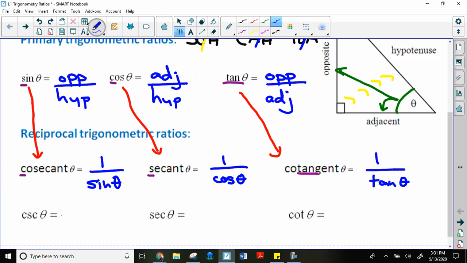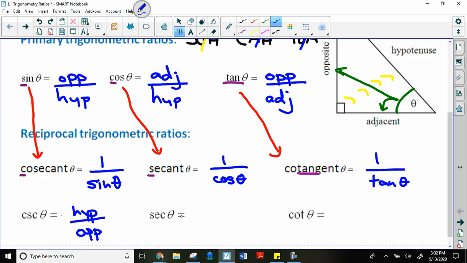If we were to replace this with this fraction, we would then have a fraction in the denominator and we would be doing a division. When you divide by a fraction, you invert and multiply. So if we were to invert hypotenuse over opposite and multiply it by 1, we would end up getting cosecant is the reciprocal of sine, hypotenuse over opposite.